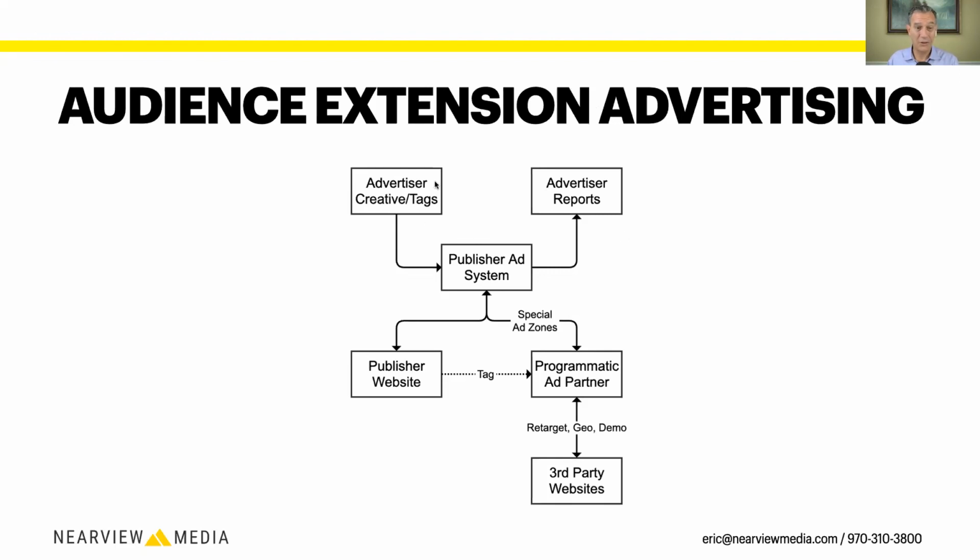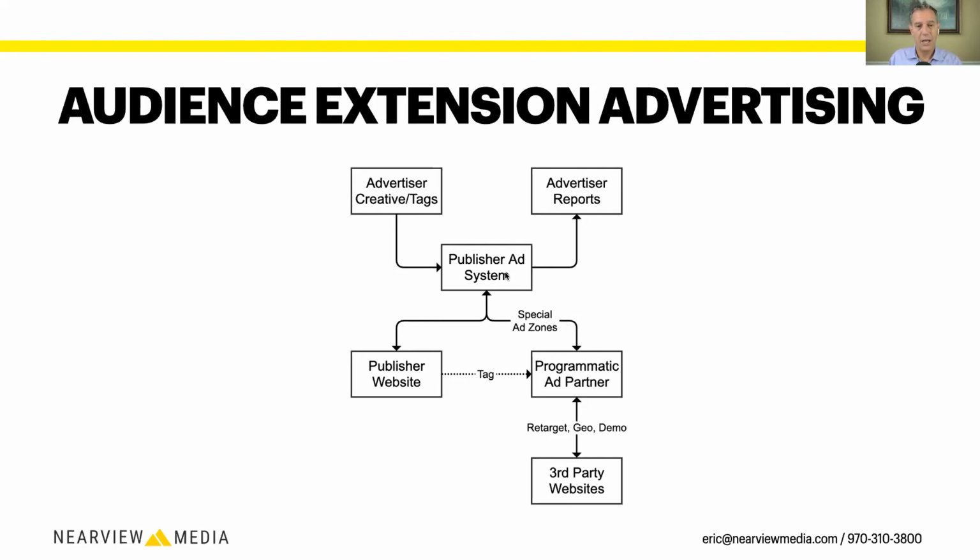So again, let's go over one more time. You're going to publish a tag on your site. You're going to build a remarketing audience. You're then going to buy inventory through a programmatic ad partner. And you're going to either buy retargeted inventory, perhaps with some geographic limiters, or demographic targeted inventory with some geographic limiters if you can't get enough inventory.